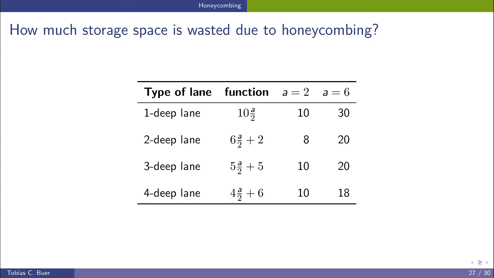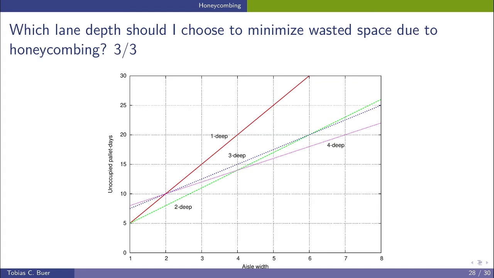For example, for the 4 deep lane and A equals 6, I calculate 4 times 6 over 2 plus 6, which is 18. Okay, now I have for each function 2 values, and I can draw the straight lines, and the result looks something like this.